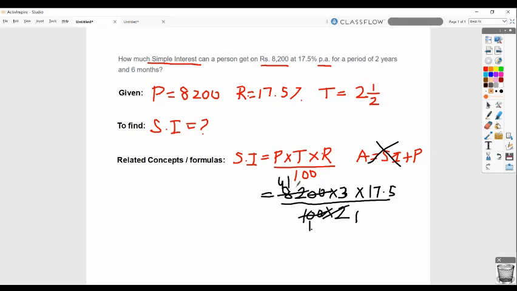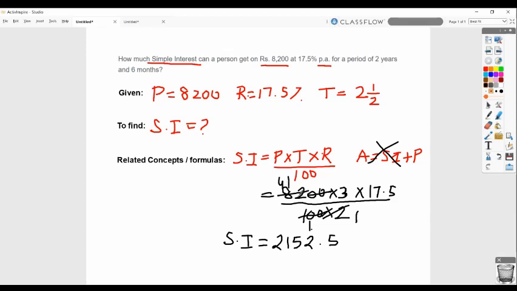So now I just have to multiply all these things. If I multiply 41 times 3 times 17.5, I'm going to get 2152.5, and that is my simple interest. And the problem is done.